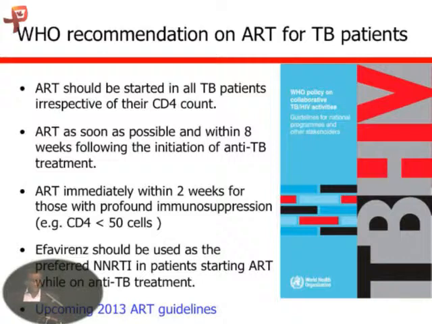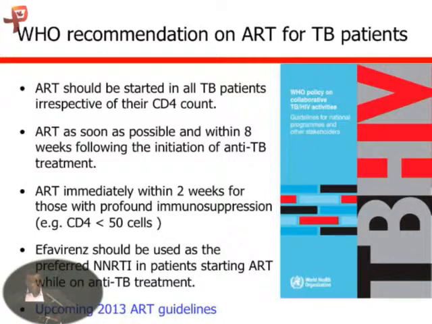Following the compelling results of the 3 clinical trials that were reported in 2011, I think, we also recommend that those with profound immunosuppression, particularly those with less than 50 CD4 count, should get their ART and TB treatment together within the first 2 weeks.